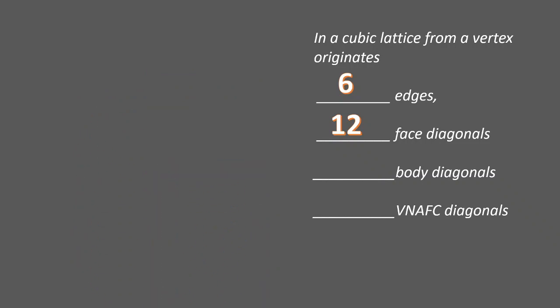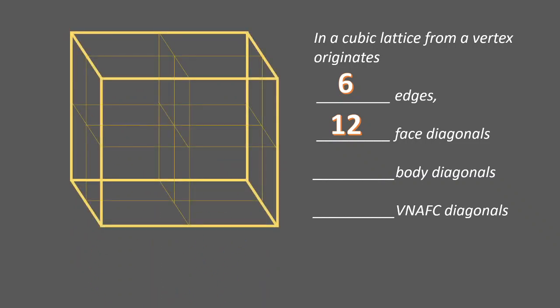How about body diagonals? Well, let's change the perspective a little bit to feel the 8 octants. Let's think about this point here in the cubic lattice, and now you can see that from this point there are 8 octants, 1, 2, 3, 4, 5, 6, 7, 8, in whichever order, doesn't matter. In all these octants, we can figure out how many edges, for example, which we saw in the previous diagram, along these directions.